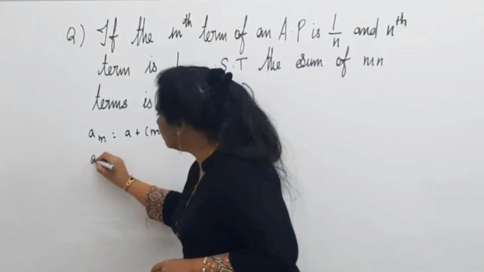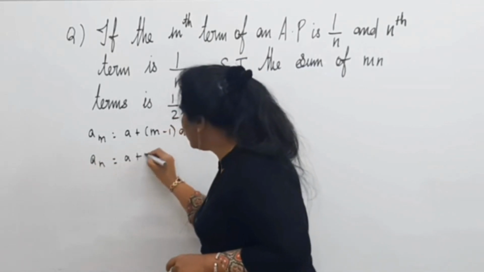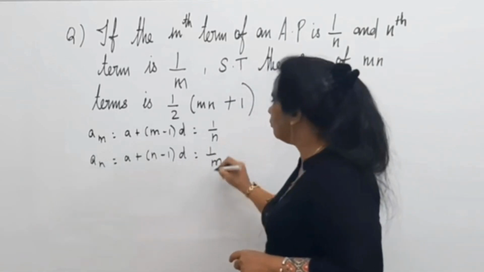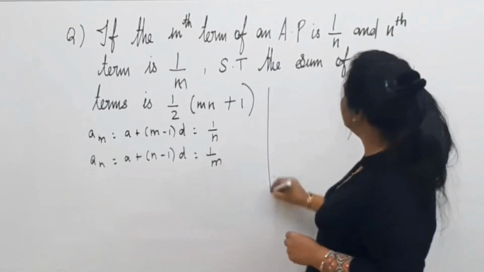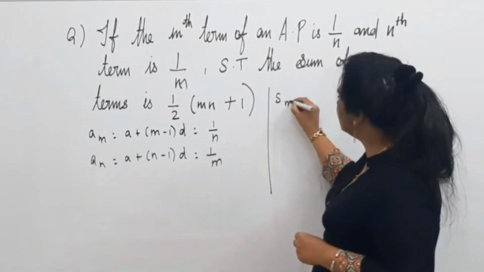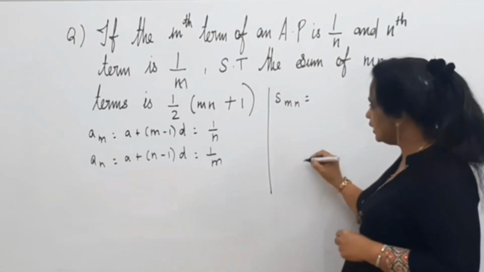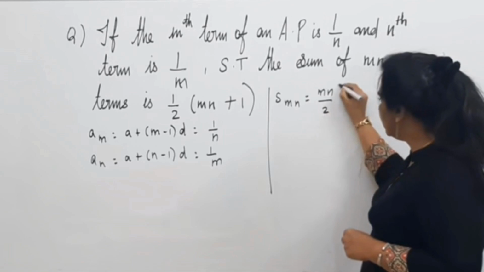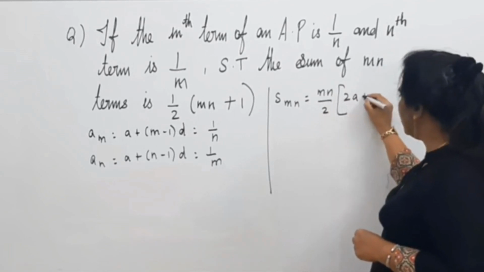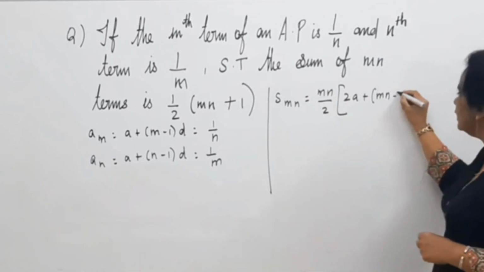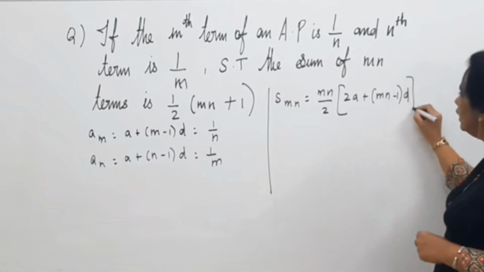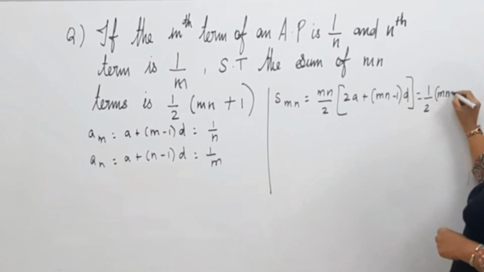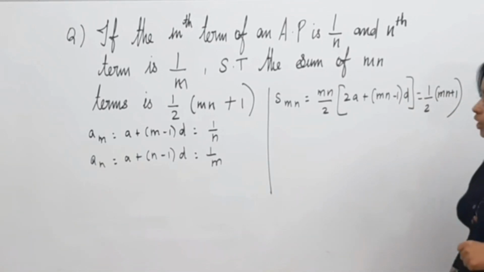And the nth term an, that is a plus n minus 1 into d, is equal to 1 by m. The question is find the sum of mn terms. So Smn is equal to mn by 2 into 2a plus mn minus 1 into d. I have to prove it is 1 by 2 into mn plus 1. That's my question.